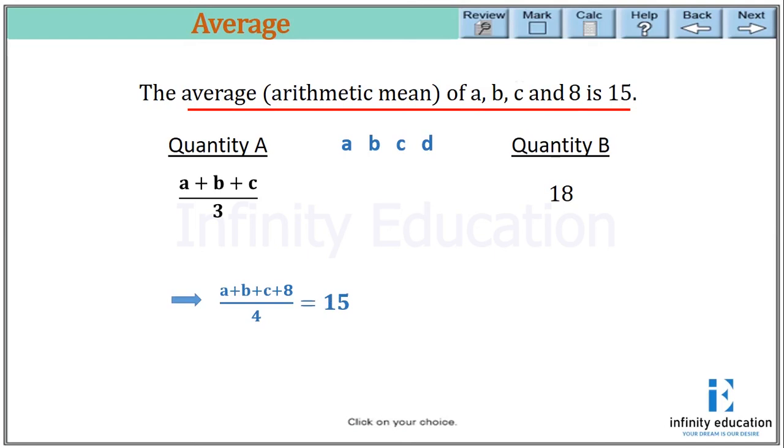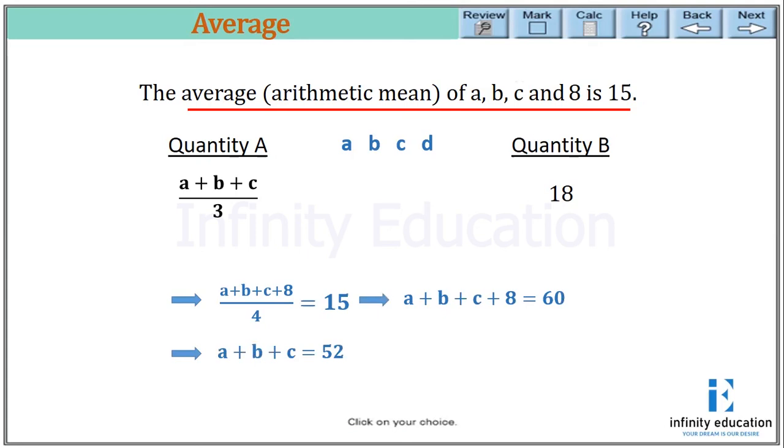Why? Because the average is the sum of the numbers divided by the number of numbers. If I do the simplification, the next line is A plus B plus C plus 8 equals 15 times 4, that is 60. Now I can have A plus B plus C equals 52. Simple, 60 minus 8.